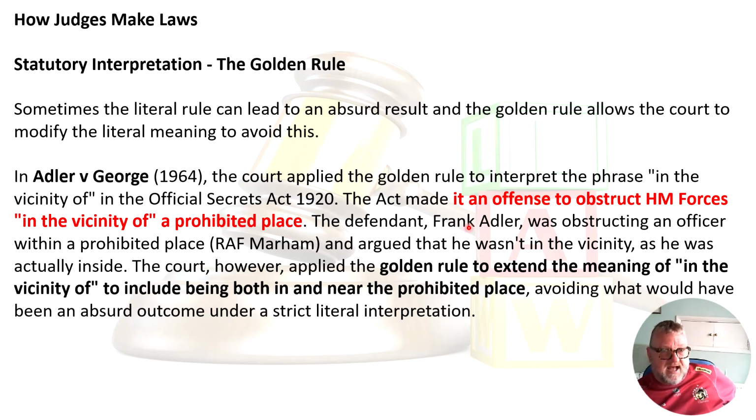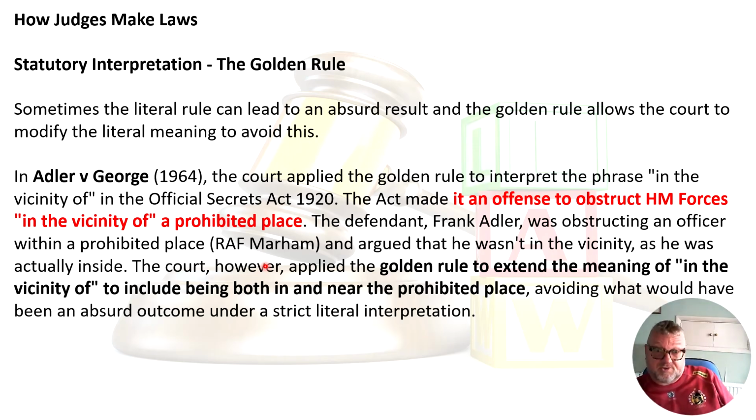Now, the defendant, Adler, was obstructing an officer within a prohibited place, RAF Marham, and he argued, I may be obstructing an officer, I may be in a prohibited place, RAF Marham, but the law says in the vicinity of a prohibited place. I'm not in the vicinity of, I'm in it. And here's where the golden rule works.